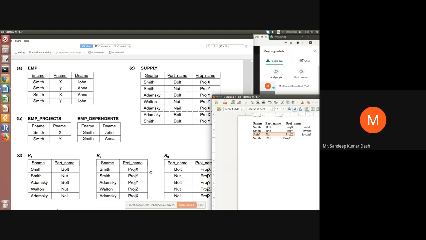Smith nut project Y, that will be combined with this nut project Y. So we will get this row. So this 1, 2, 3, these are valid. This is invalid. Original relation back. But if you combine either R1 with R2 or R2 with R3 or R1 with R3, you will not get the R.